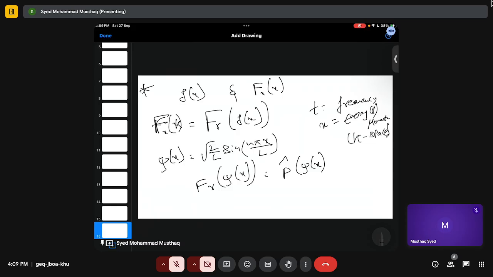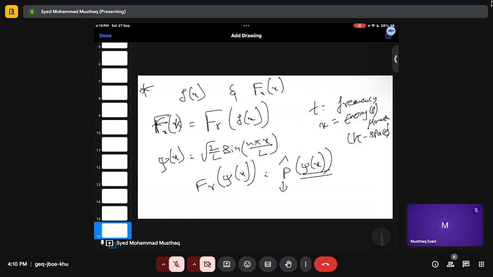Whenever I do the Fourier transform of psi of x, it will give out my k value. And what is my k value? My k value is nothing but the momentum.